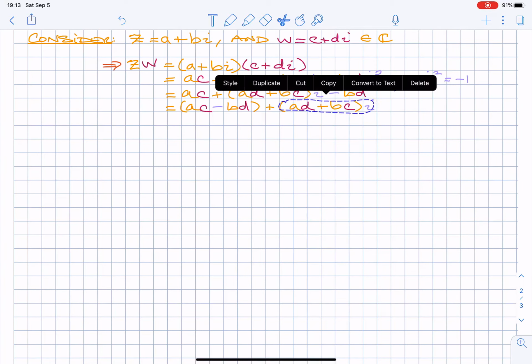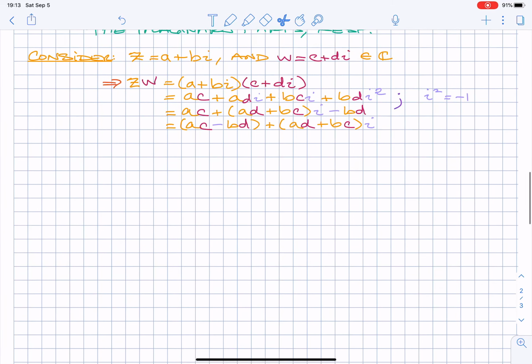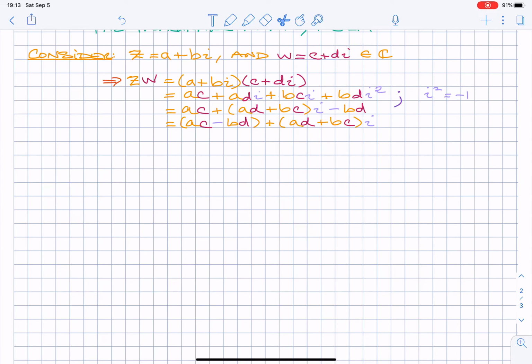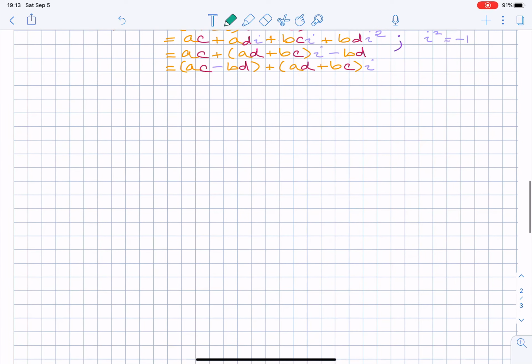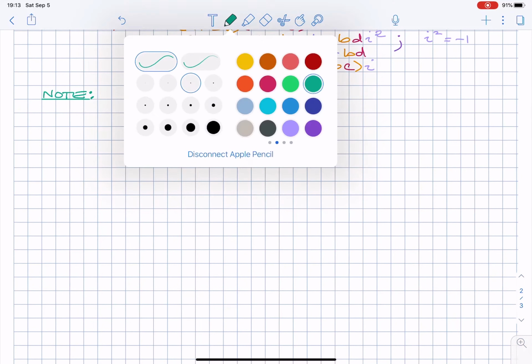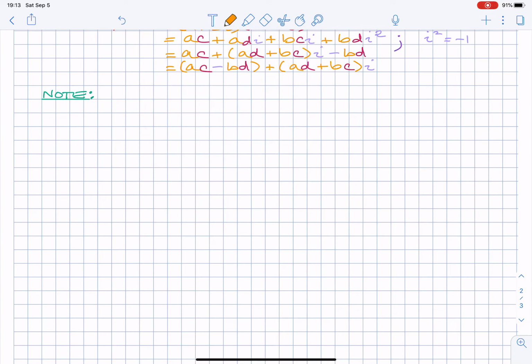And if you recall, let's note, an easier way to do this was, remember, if I stack the multiplication, so let z equal A plus Bi, and w equal C plus Di.